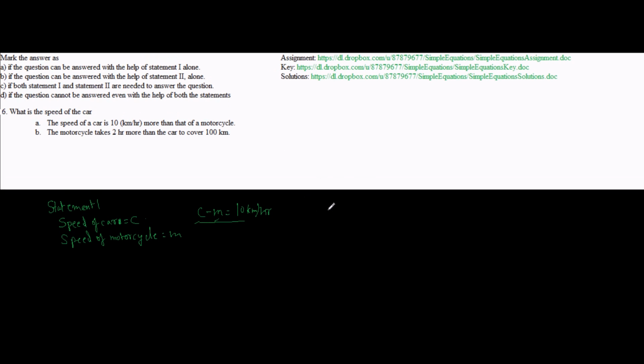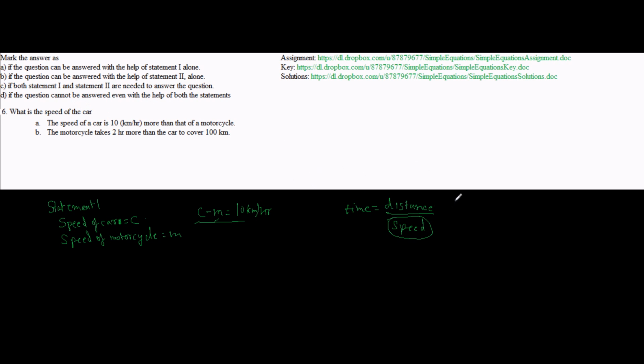Moving to statement 2. The motorcycle takes 2 hours more than car to cover 100 kilometers. So statement 2 is not talking about speed but about time. But since the formula for time does contain speed, that is time equal to distance upon speed, again I will take speed of car, because anyways we are after speed of car.